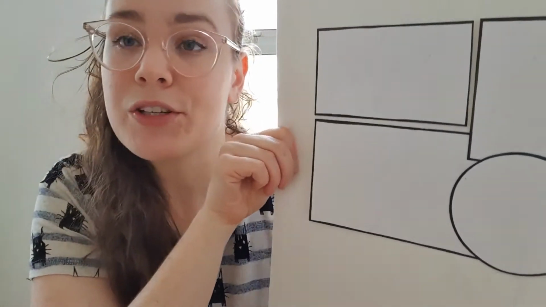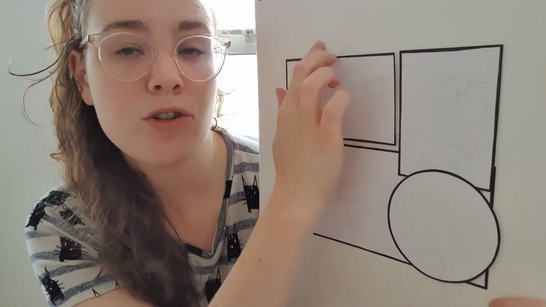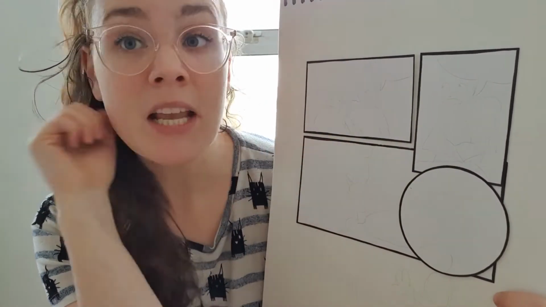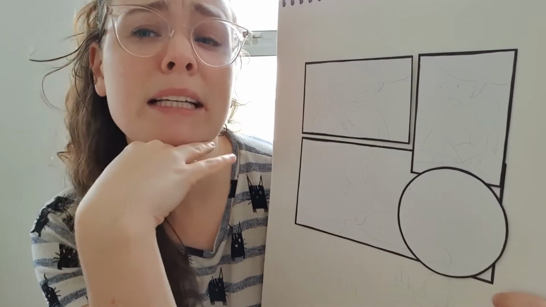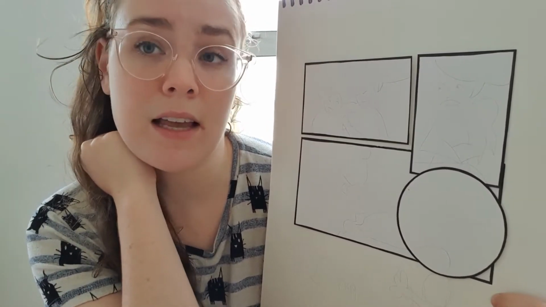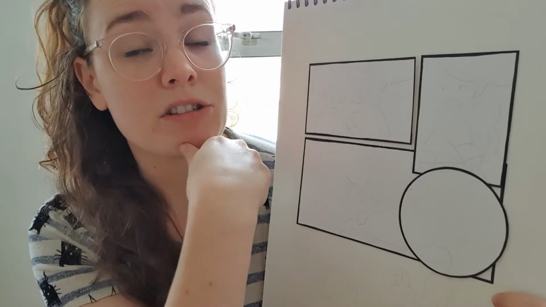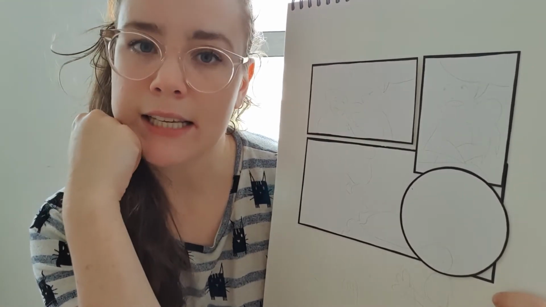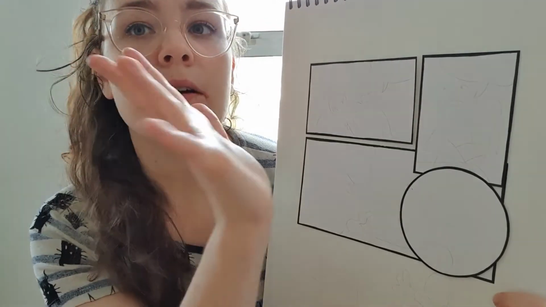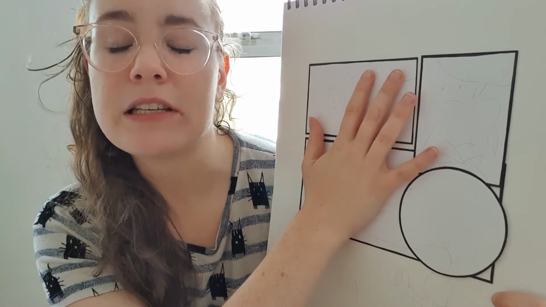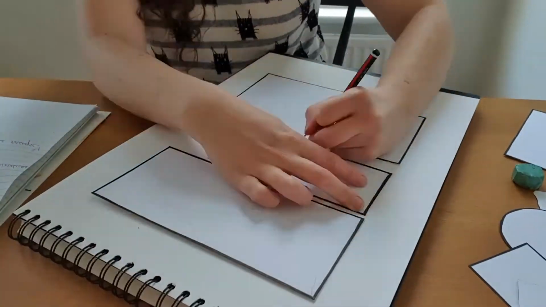So now I'm going to trace the panels where I like them and do a less rough draft, where I can start putting in things like the emotions on characters' faces and their body language, which also add to the dialogue but which I didn't incorporate into this first very rough draft.